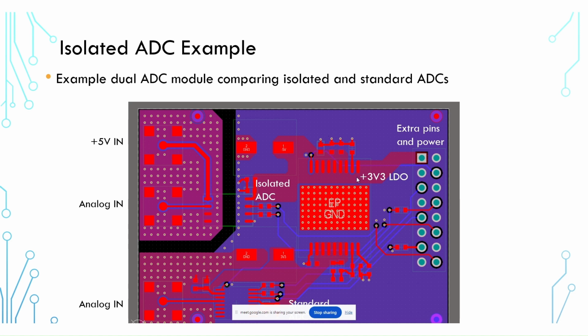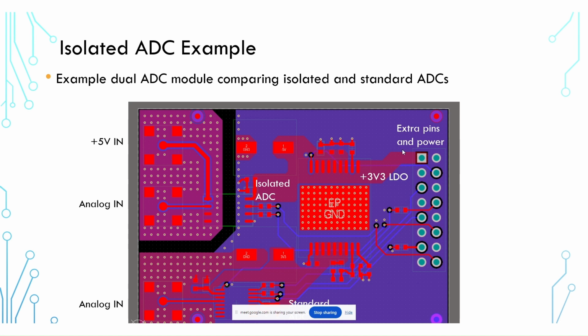Instead, you want to focus on setting up your layout such that you don't need to do any routing between these two sections, right? So I wouldn't want to start putting a bunch of digital components over here in the upper left-hand corner and then trying to route digital traces across this gap. That totally defeats the purpose of separating these grounds with the purpose of maintaining galvanic isolation. Instead, what I would want to do is keep all of the digital stuff on this right-hand side.